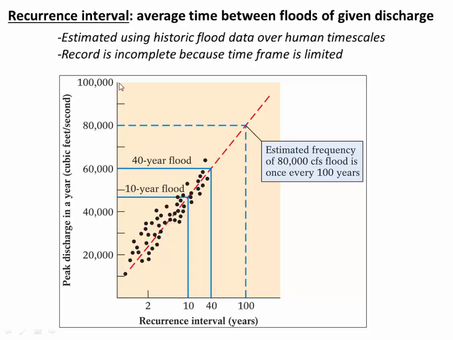So although we're able to project this relationship up towards larger flood events, we don't really have any data to actually constrain how often those large flood events occur. And of course, these large flood events are the scariest. They're the ones that would do a lot of damage, and in many cases, we don't have a lot of information about how often they occur.